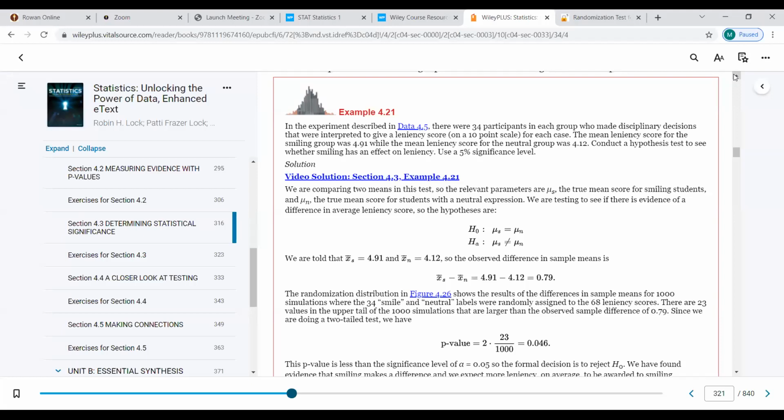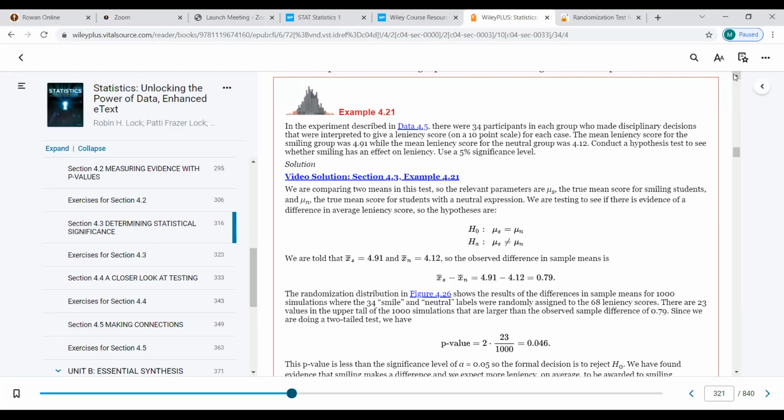And so this is an experiment where some of the students were smiling, some of the students were not smiling. And the null hypothesis says basically that the leniency score is basically how lenient is the person who's providing the punishment going to be?